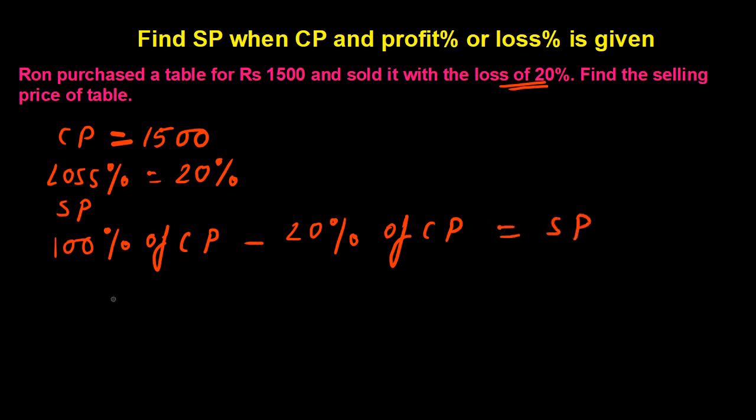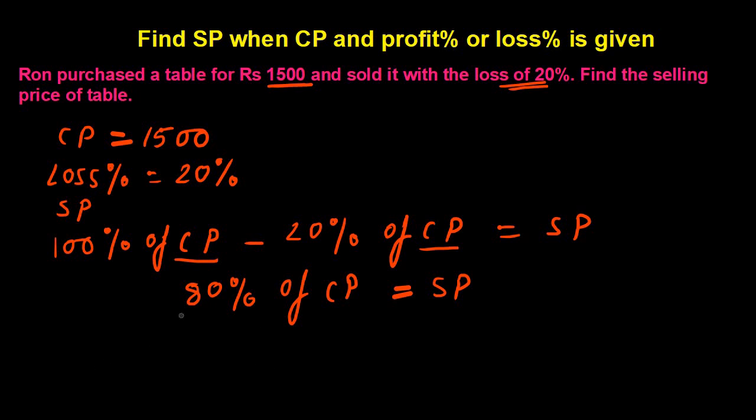So 100% of CP is how much? 1500, right? 1500 minus 20% of 1500, isn't it? Because CP is everywhere. So 100% of this minus 20%, 100 minus 20 is 80%. That means now you are interested in 80% of CP. Am I right? That is nothing but your SP.